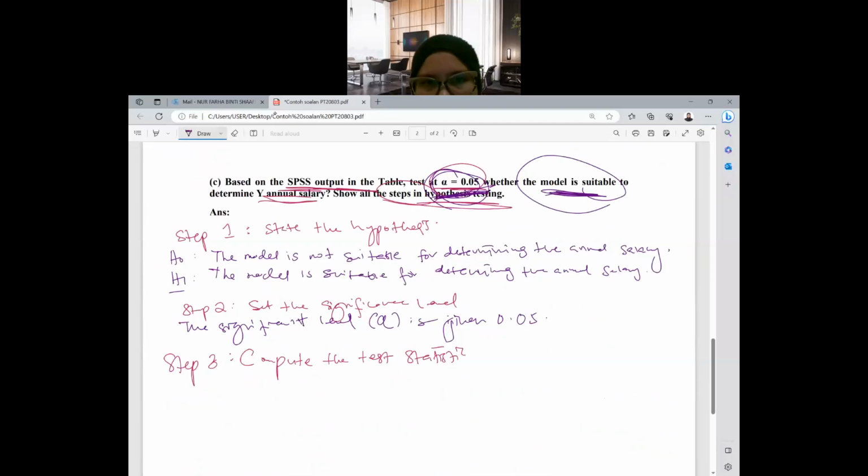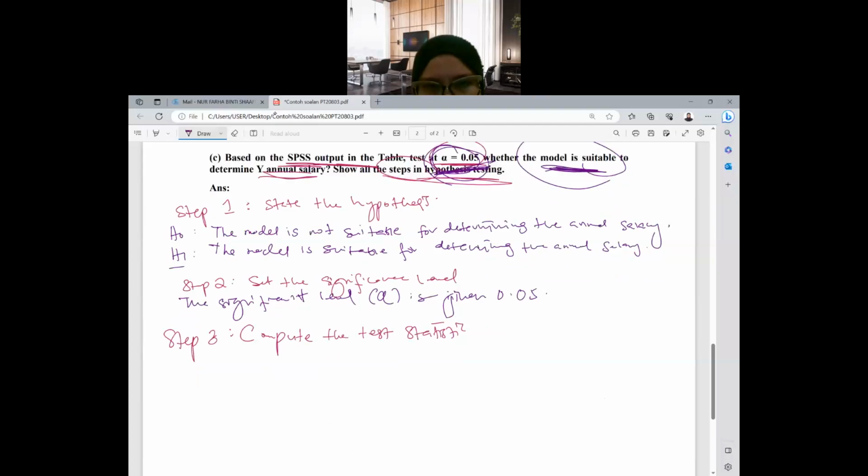Actually, for this question, you don't need to go to SPSS and run it, because you already have your output just now. You just discuss, pretending that you are the one who ran the SPSS and obtained the output, and this is the time for you to discuss.